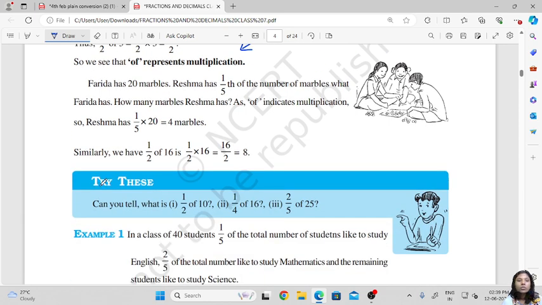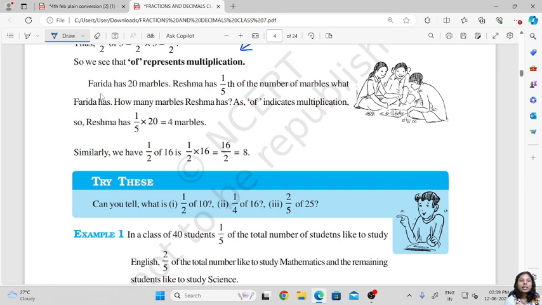So now here they have an example. Farida has 20 marbles. Reshma has 1/5 of the number of marbles that Farida has. How many marbles does Reshma have? 'Of' indicates multiplication.